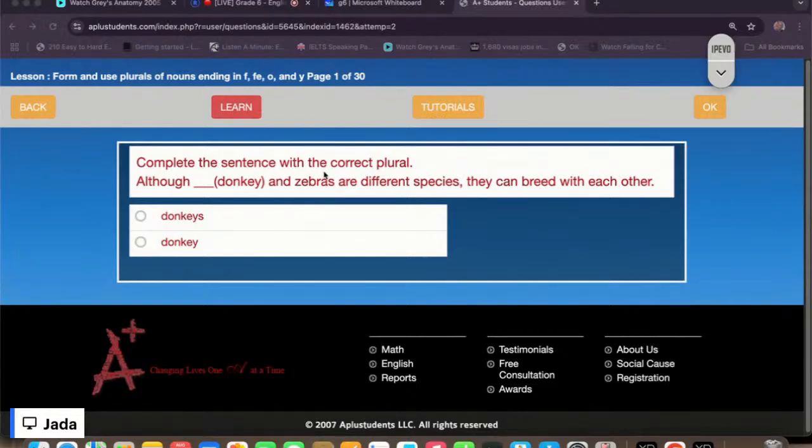So, although donkeys and zebras are different species, they can breed with each other. Complete the sentence with the correct plural. Is it first or second?